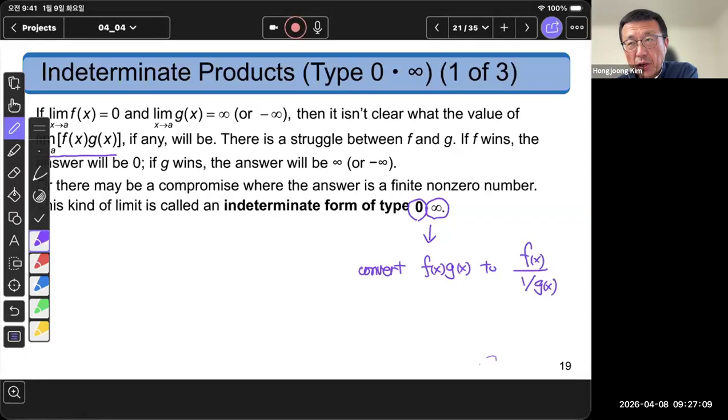That is the same as f of x times g of x. Okay, so one function stays in the numerator and the other one goes to the denominator using the reciprocal. So you replace this f of x times g of x with this expression, then apply the L'Hopital's rule.